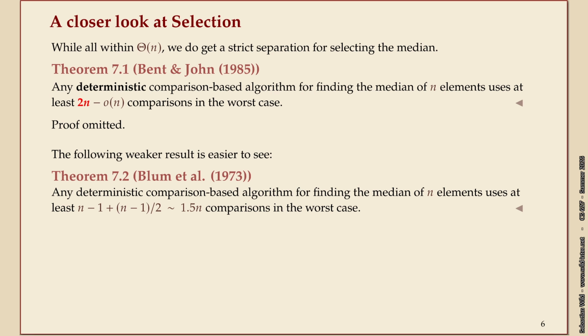What I'll show you is a simpler version that gets a slightly weaker bound. The same statement, just that now we have 1.5n comparisons. Or more precisely, we have n − 1 and n − 1/2. The reason why I split this up this weird way is that's what you get from the proof.